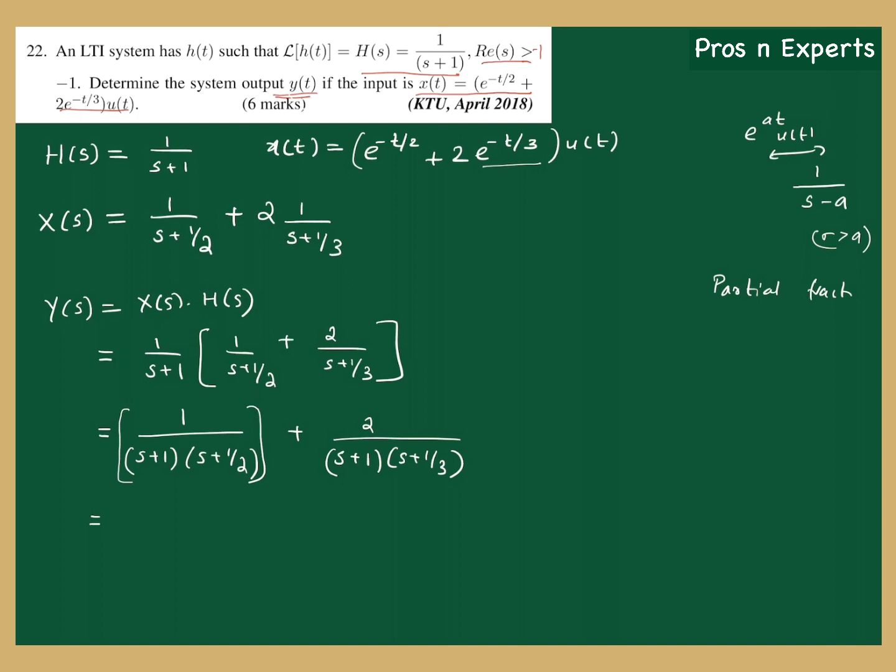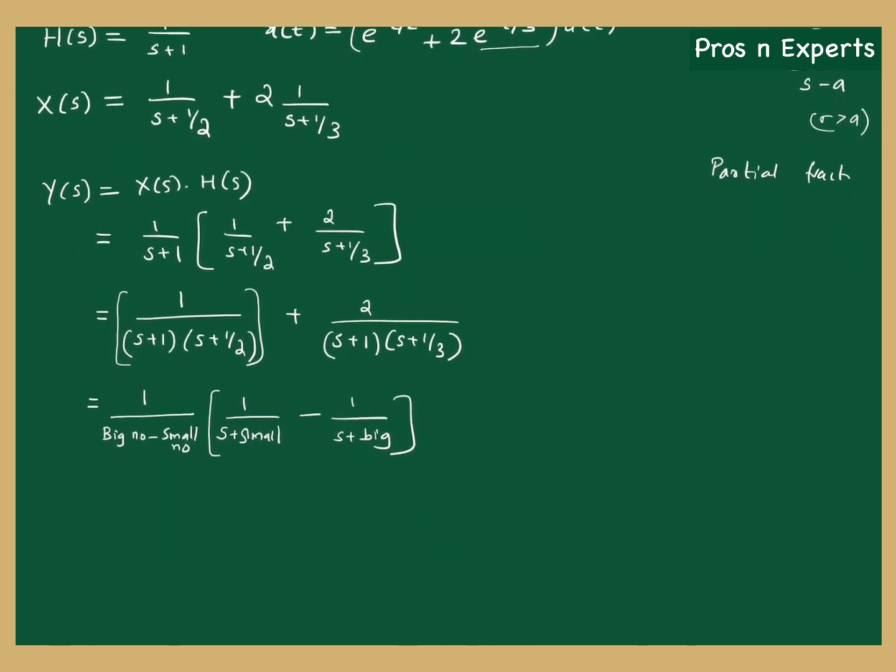Listen very carefully: 1 by big number minus small number, into 1 by s plus small number minus 1 by s plus big number. This is a thumb rule. If you follow this expression, you can very easily find the partial fraction of any term.